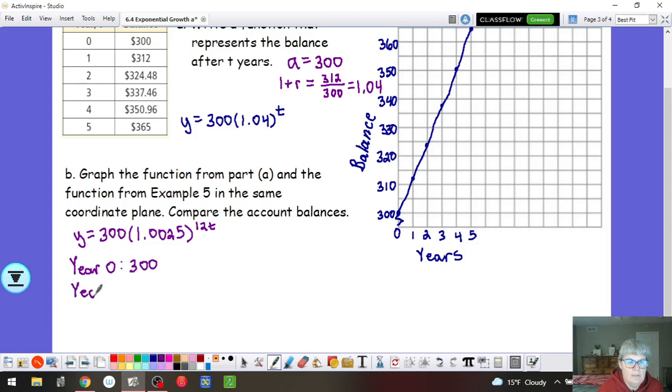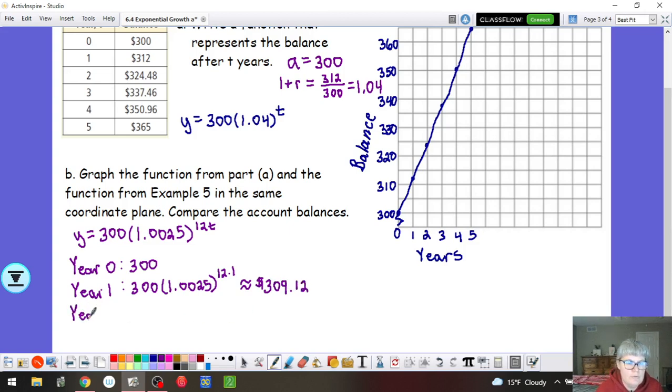Then for year 1, we're going to have 300 times 1.0025 to the 12 times 1 power, which is 12 times 1 is 12. That's going to be approximately 309.12.